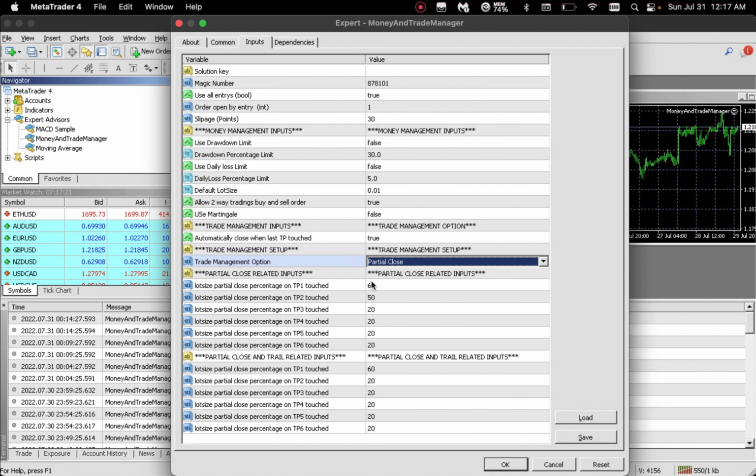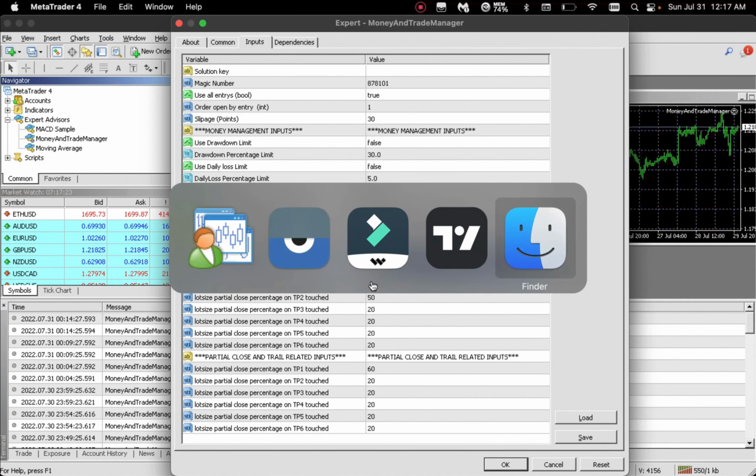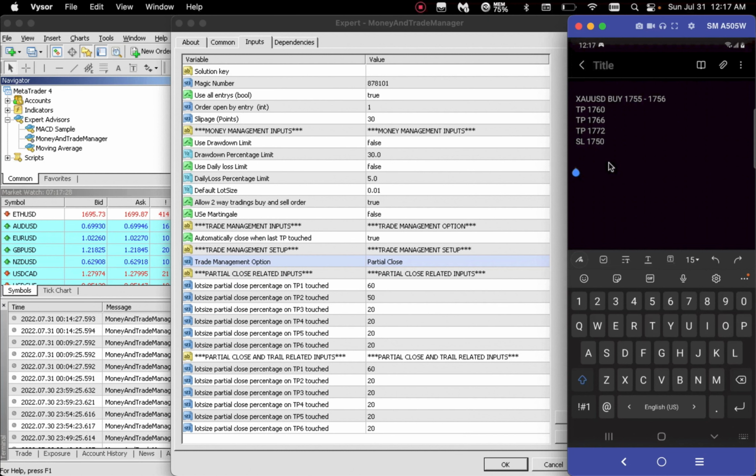That means, if you want to use this strategy, make sure that you have a lot size that's greater than the minimal lot size, and also make sure that the math that will be done right here is good.